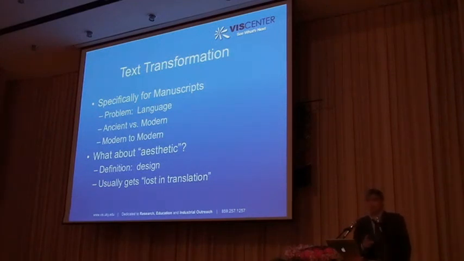And when you translate those from ancient to modern or from modern to another modern language, a lot of times you lose the beauty of the object because it's usually going to be just a text translation. And what we want to try to do is how can we keep the style, the design, the layout, the beauty of the original manuscript, but make it accessible to people who don't speak the language.